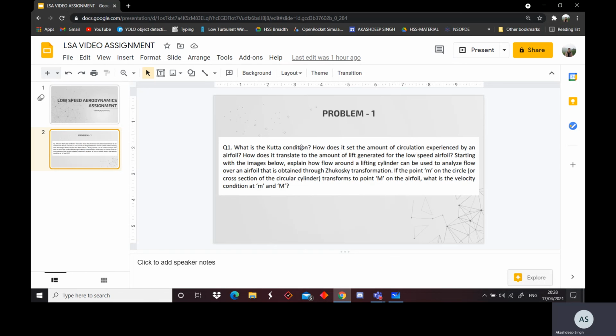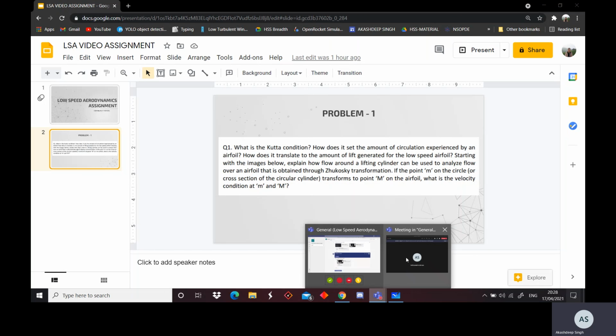And with the images given in the problem statement, we have also explained how we can transform from a cylinder to an airfoil using the Joukowski transformation, and how point small m on the cylinder at a distance b is transformed to capital M at distance 2b, with the condition W of b equal to 0. So with this, we end the presentation.